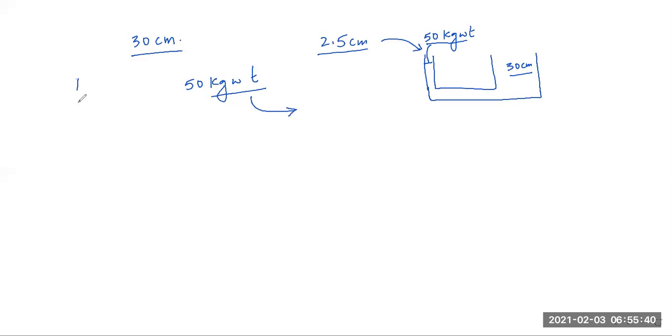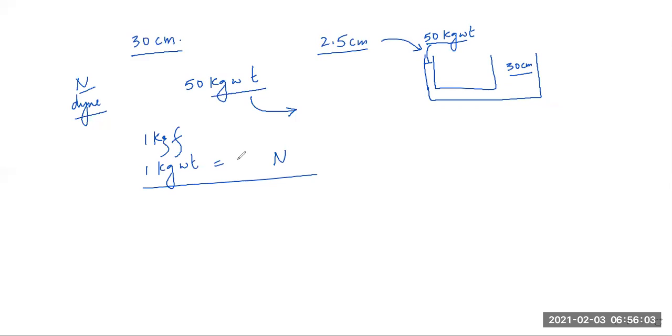Newton or dyne are the absolute units of force, and you should know how to convert one unit into another. Yes, any student knows, if I have 1 kilogram force or 1 kilogram weight, it will be equal to how many newtons?